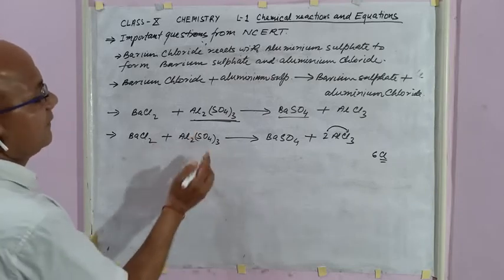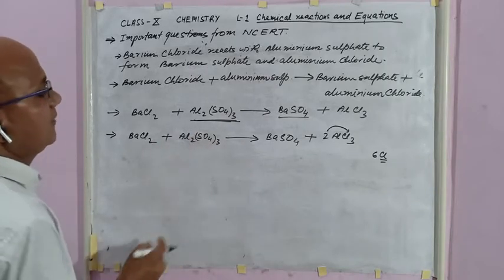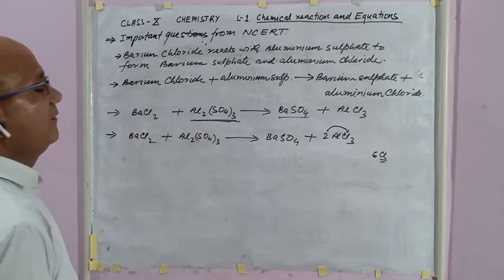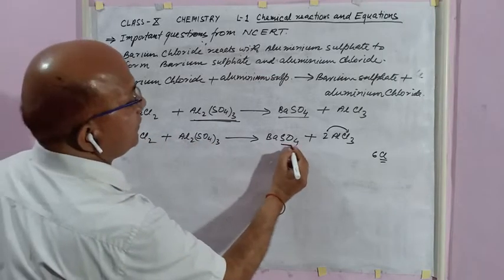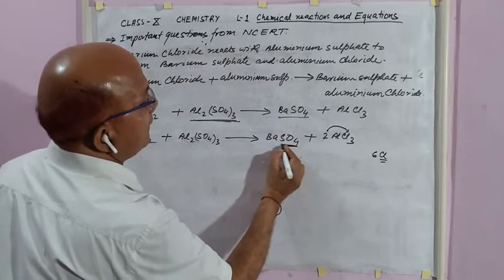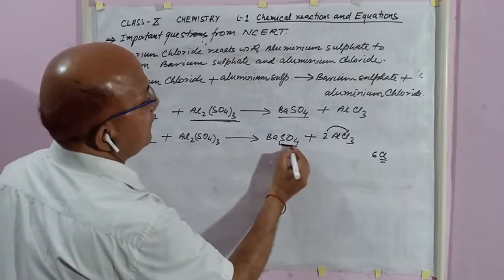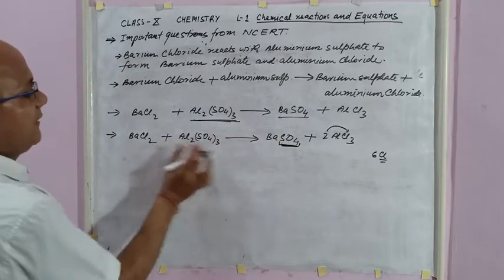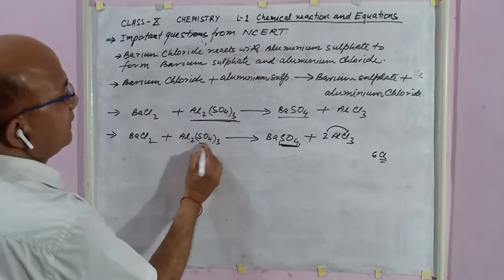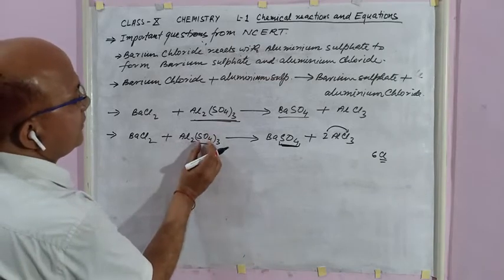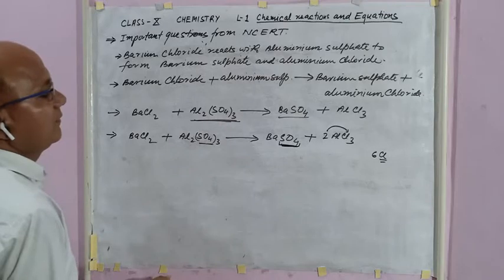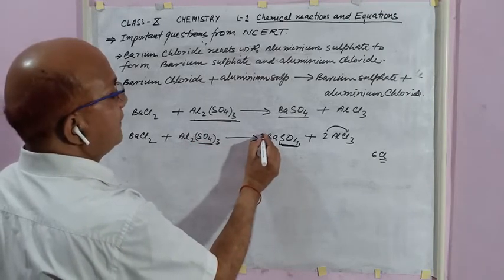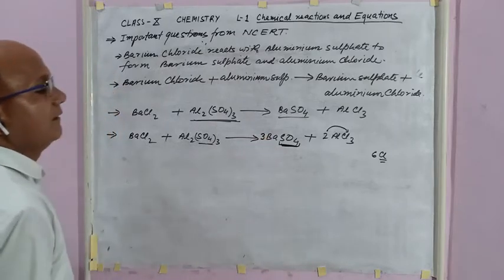Or you can see SO4 whole thrice means this unit is 3 times on the left side, but the SO4 unit is only a single unit on the right side. So we can directly balance it by multiplying by 3.